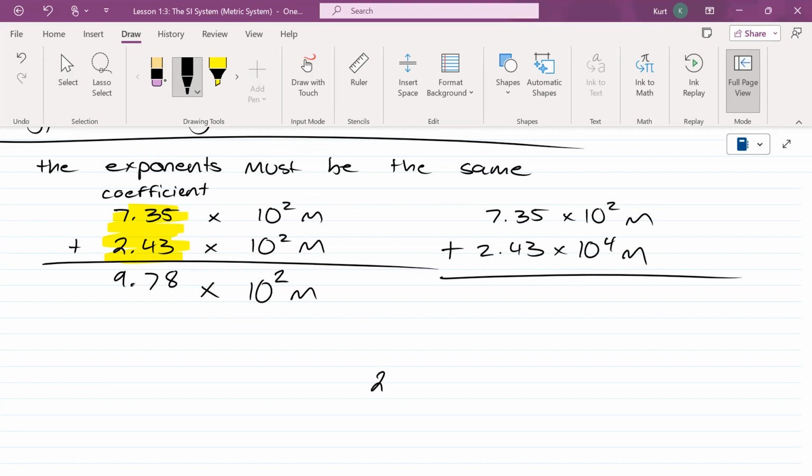So guys, here's what you do. I need to get that 10 to the fourth down to 10 to the second. So if we want to make it 10 to the fourth, 10 to the second, are we going to increase or decrease? Are we going to become more positive or more negative? We need to get down to 10 to the second. Now, do we need to shift the decimal 2 to the right or 2 to the left?